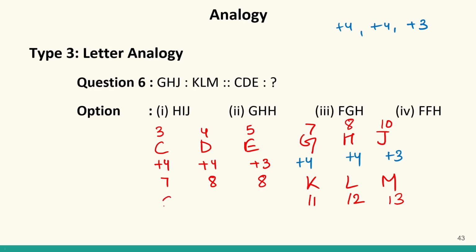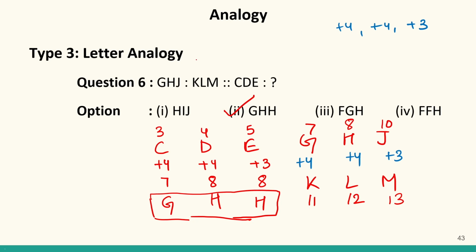So 7th position, we have G. At 8th position, we have H for both of these terms. So my answer will be GHH. This will be the code. And GHH is in option number 2. So option number 2 will be the correct answer.